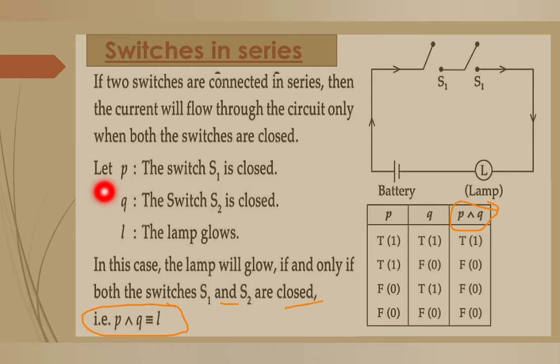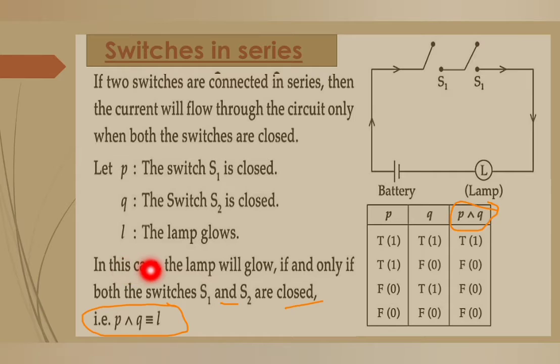Let us write down the statements. P: the switch S1 is closed, Q: the switch S2 is closed, and L means the lamp glows. In this case, the lamp will glow if and only if both the switches S1 and S2 are closed.